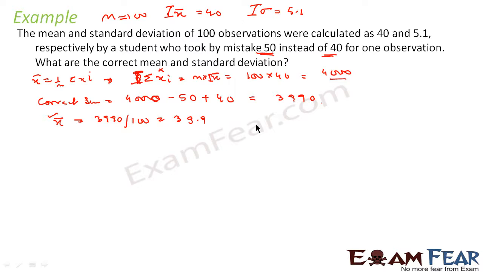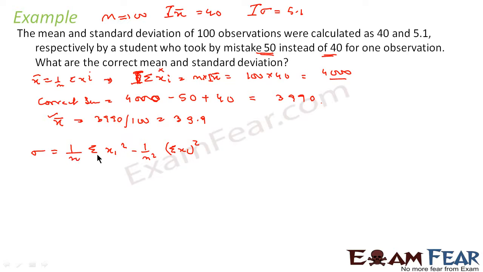Now let's find the variance. This is one equation we have got. Now let's use the other data which we have, the standard deviation data. Standard deviation is nothing but, by the general formula, the root of 1 by n summation xi square minus 1 by n square summation of xi whole square.